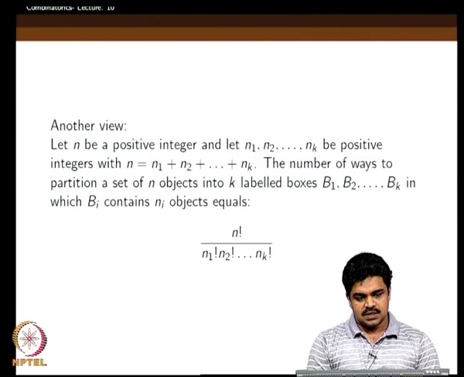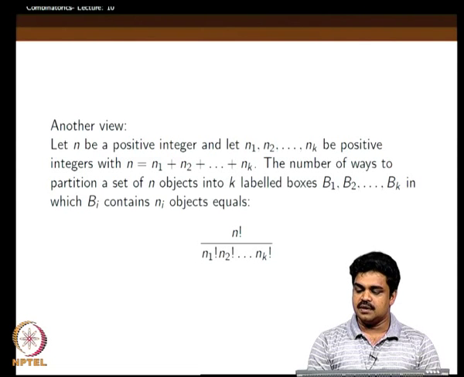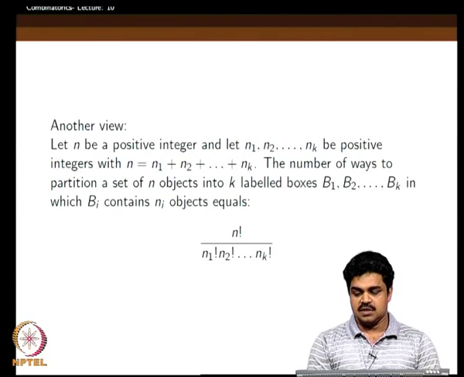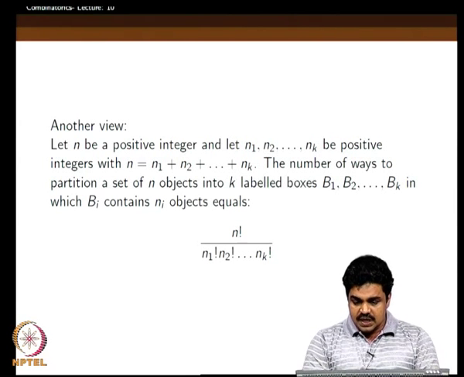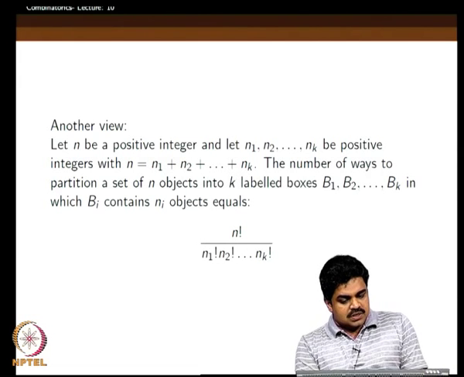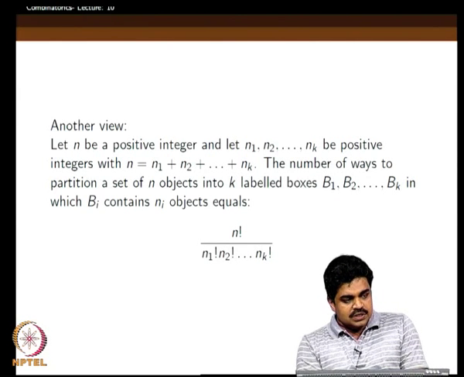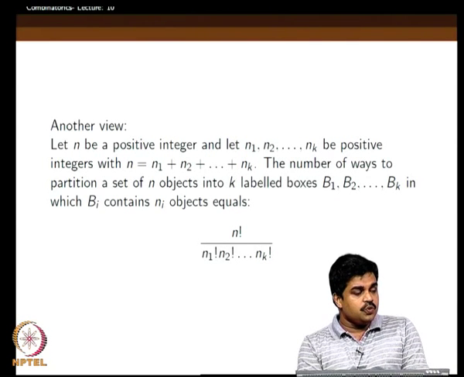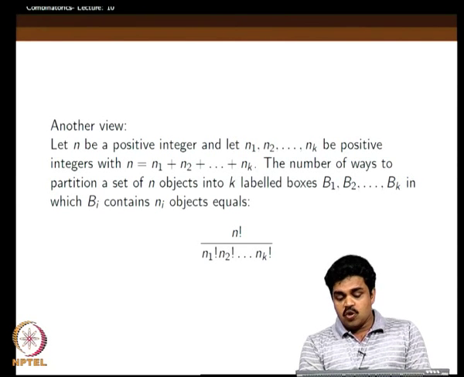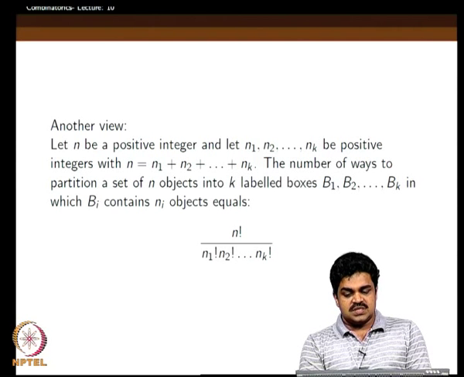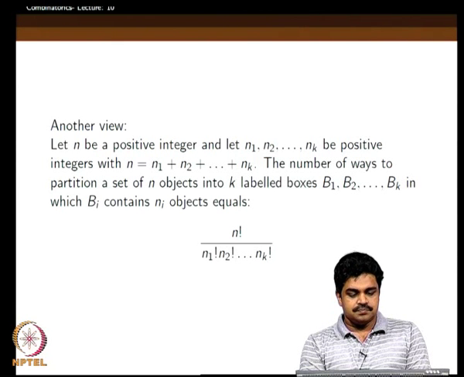We can identify one bucket from the other. The key thing here is that the distribution, I mean how many should go to the ith box, is predefined. The total number is n1 plus n2 plus up to nk, right. Now, how many ways can you do this?